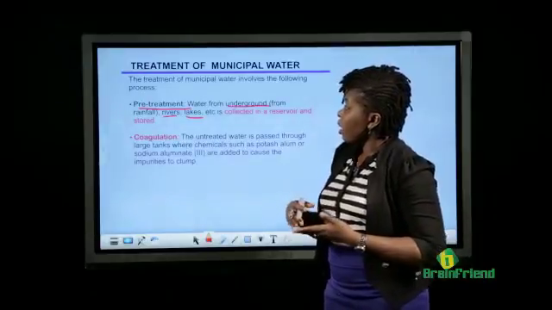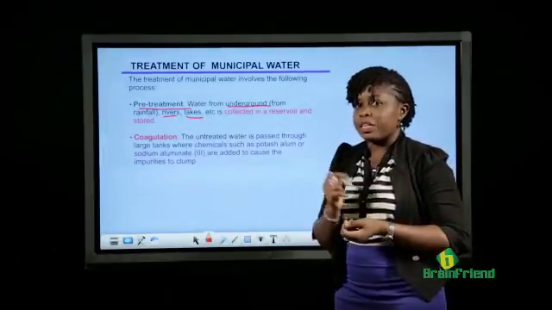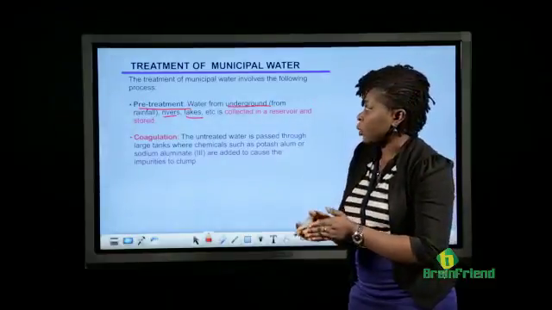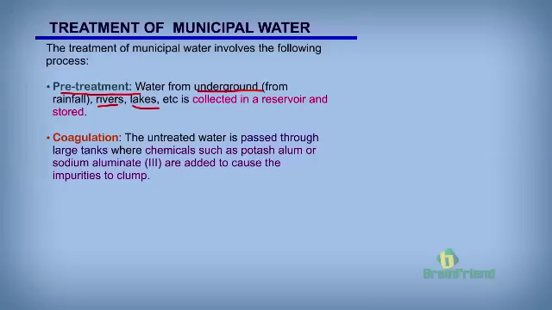So these are ways that water is made available to us, underground water and surface water. It doesn't matter whatever means they come from, whether under the ground or on the surface. The most important thing is that they are collected in a reservoir and stored. And some pre-treatment is given to such water.